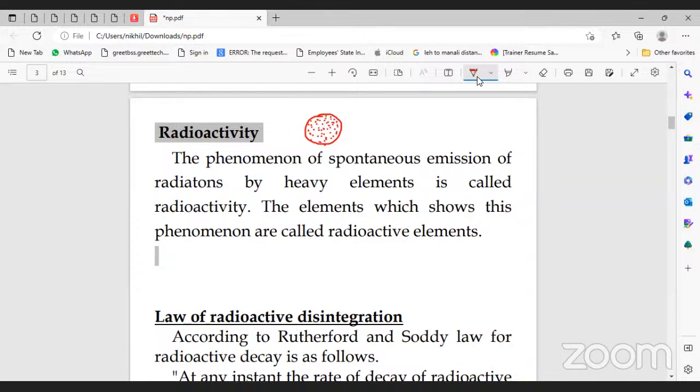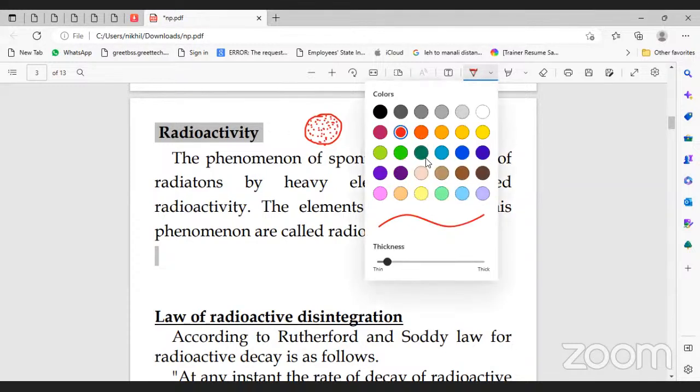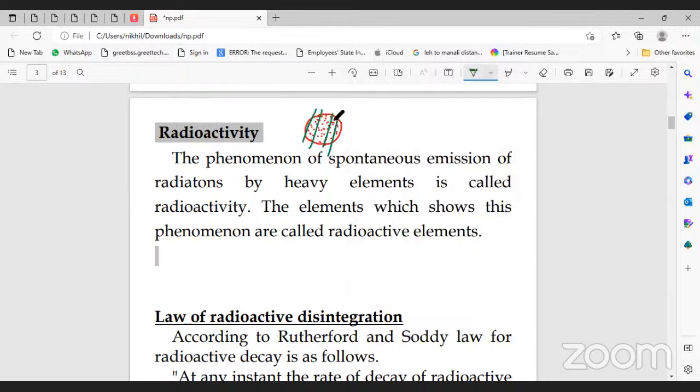Now, if this heavy nuclei starts disintegrating, then it starts emitting invisible radiation.